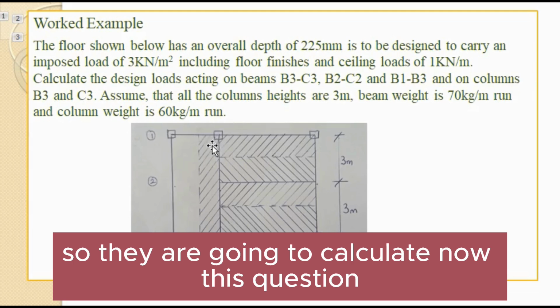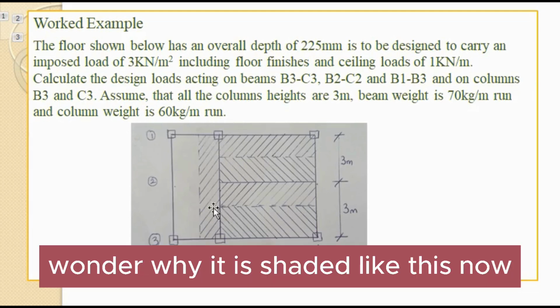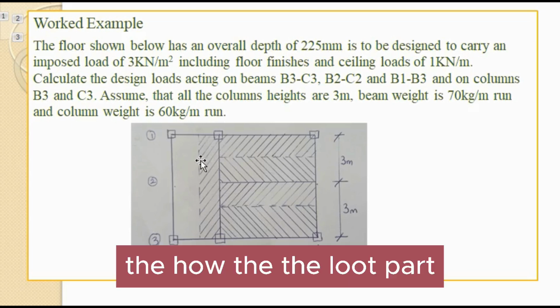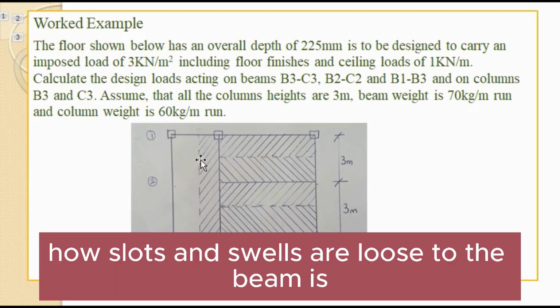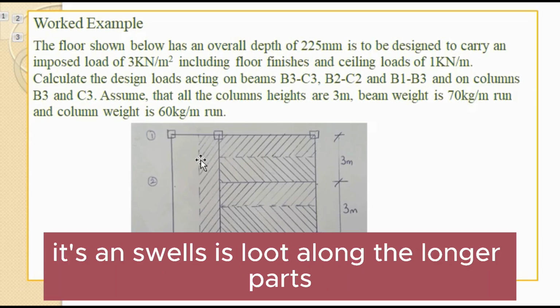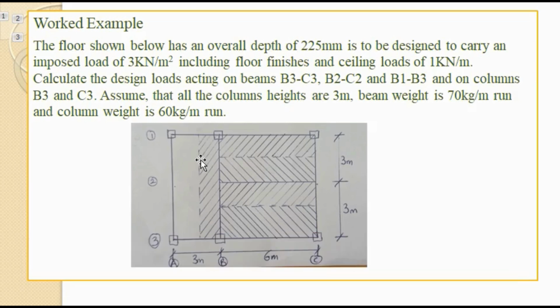Now, this question, we are wondering why it is shaded like this. How the slab transfers the load to the beam is along the longer path. So let's say you have a slab that is rectangular in shape. You take the longer path and divide it into two. Along the longer path is where the loads are being transferred, like what you have here.